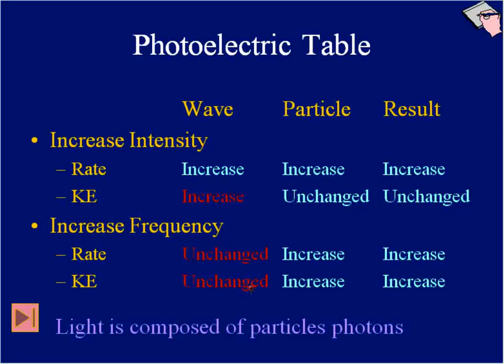Kinetic energy, same story. Wave theory says whether red or blue, over a period of time, absorption will be there gradually. So why should it make any difference, red or blue? Particle theory says that it's not about gradual absorption, it's about a bullet. It's like a bullet hitting. So the photon hits. If it's a blue photon, it will give more energy to the electron. The electron has to fight with the metal.